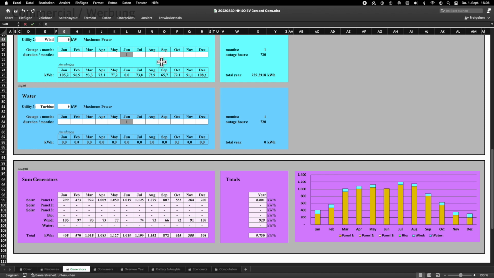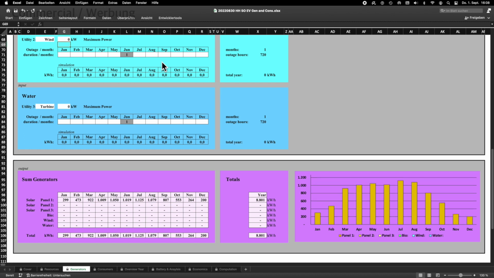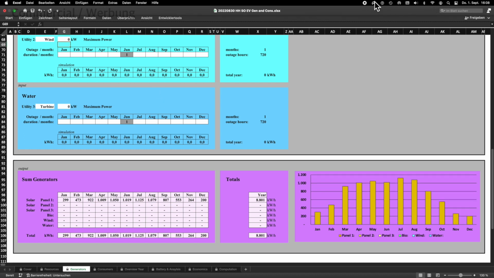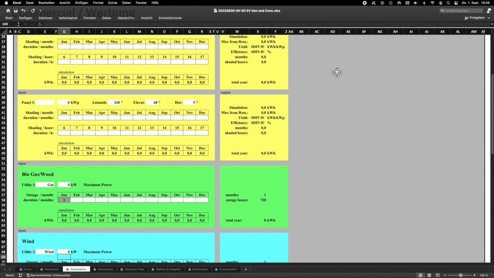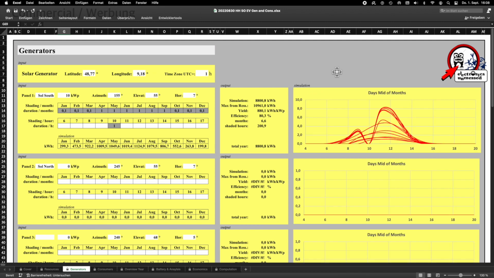For the moment, we switch it off for the simulation by setting the maximum power to 0. We will come back to this later when we talk about areas with more wind, because it can nicely complement the energy generation, especially during the winter and nighttime.